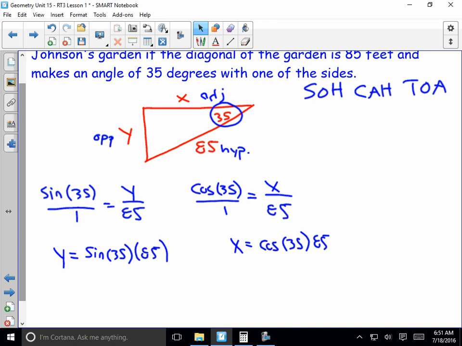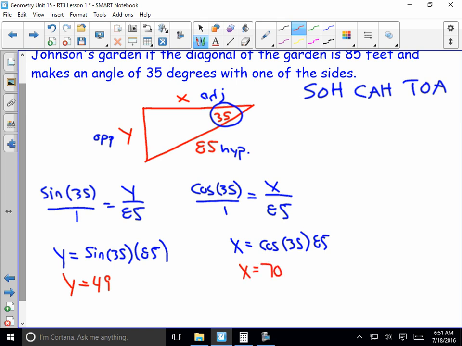So 85 times the sine of 35, rounded to the nearest foot, is 49. And then if I want to find my x, 85 times the cosine of 35, I get 70. That's rounded to the nearest foot.